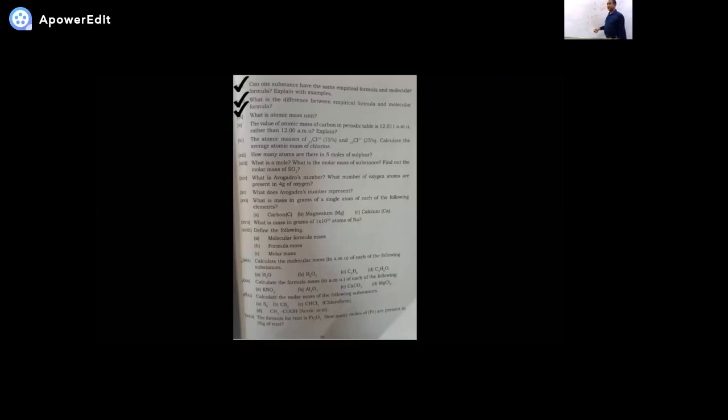Then how can we find its average mass? 80% means 80 upon 100 multiplied by its mass 12. 20% means 20 upon 100 multiplied by its mass 13. Getting the answers over here, and then what would be the average mass? These answers would be added. This will give you the answer.